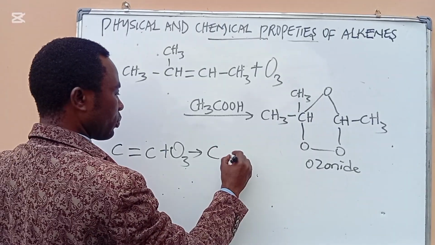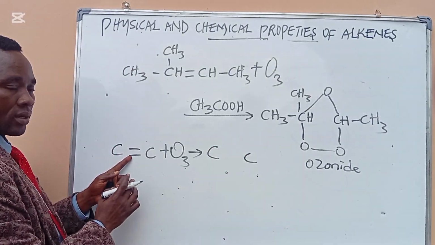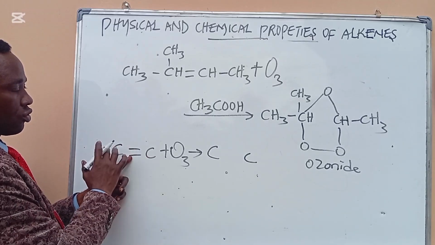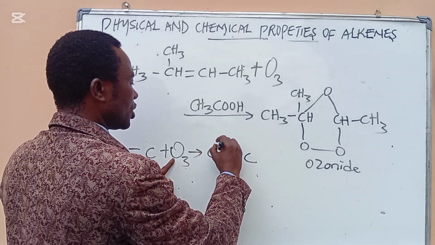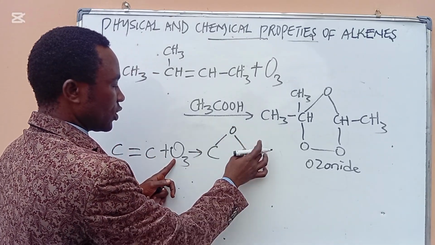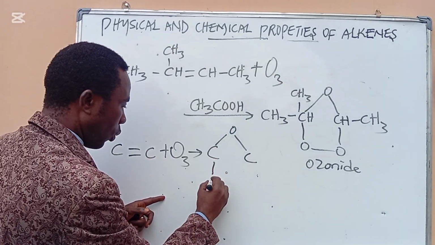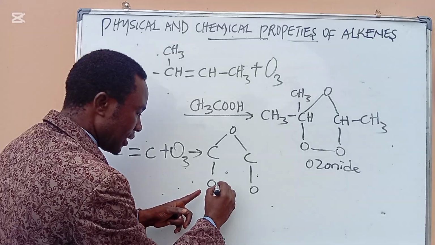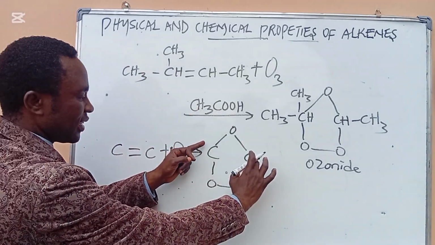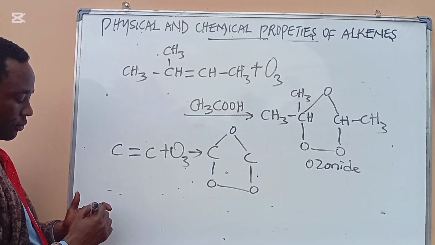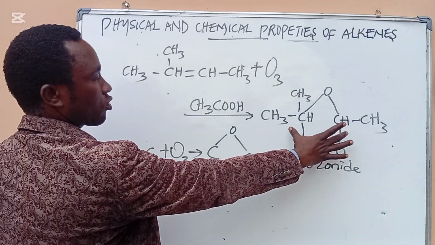Just put the two carbons, remove the double bond, then take one oxygen up, bonded to these two carbons. Then of the remaining two oxygens, one will go down, the other will go down, then you link two of them. That is actually the skeleton of an ozonide. So that is what we have here.